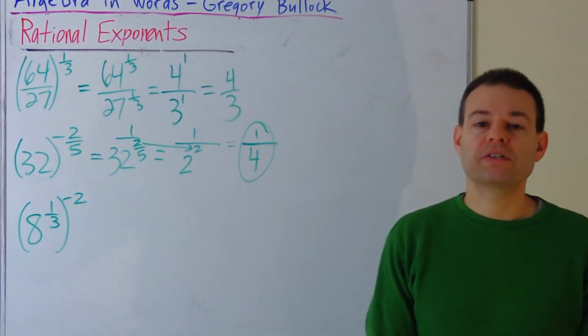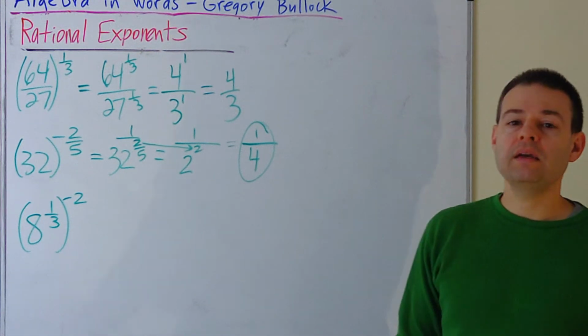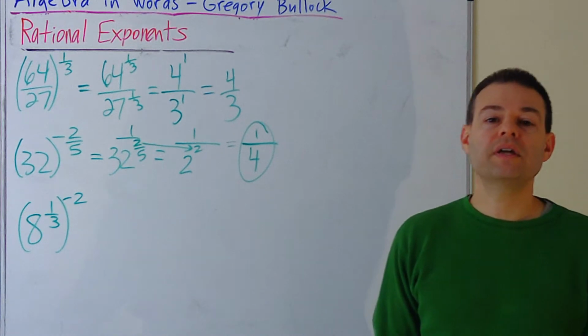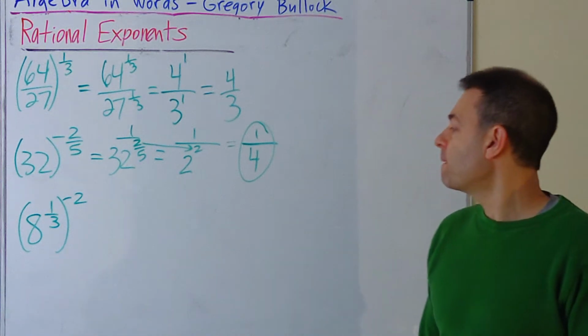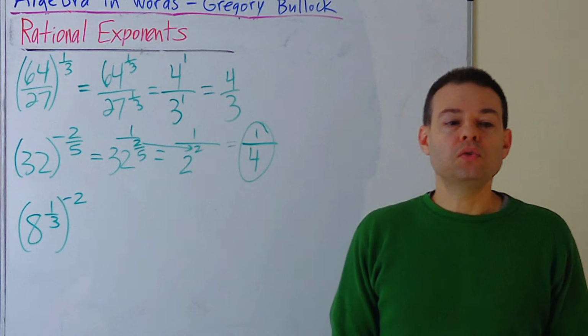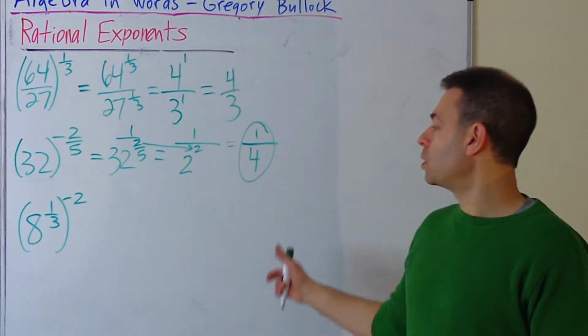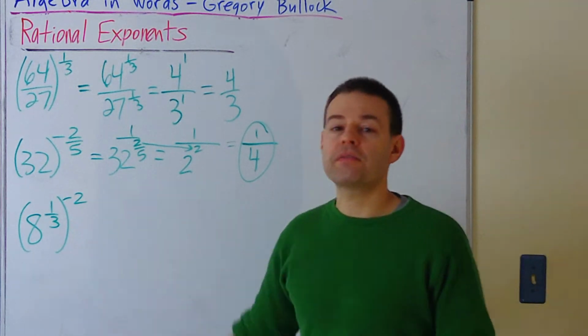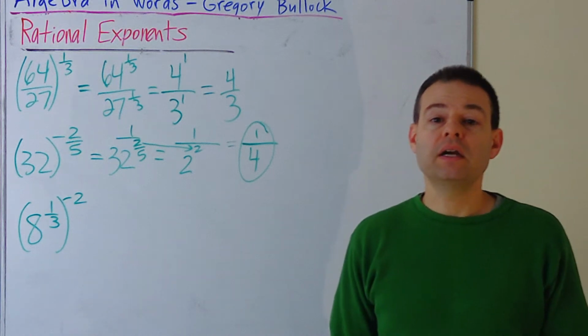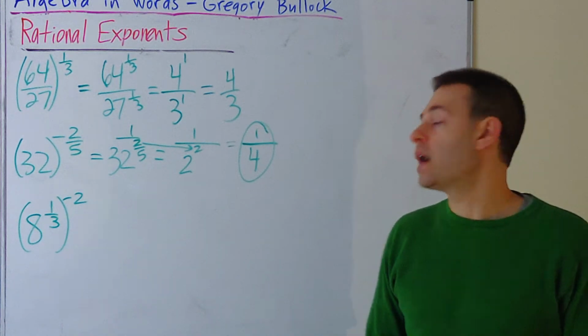Let's look at my third example here. We have 8 to the 1/3 raised to the negative 2 power. Now, you could also do what we just did before, which is to move this entire thing to the denominator, and to be consistent, let's do that.